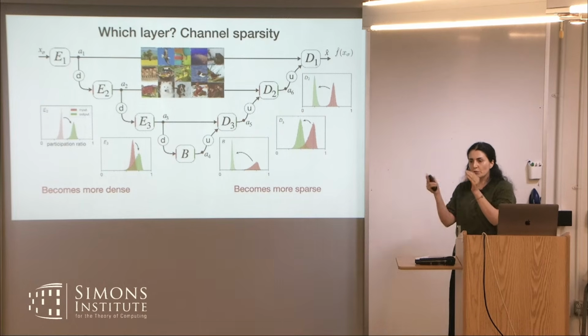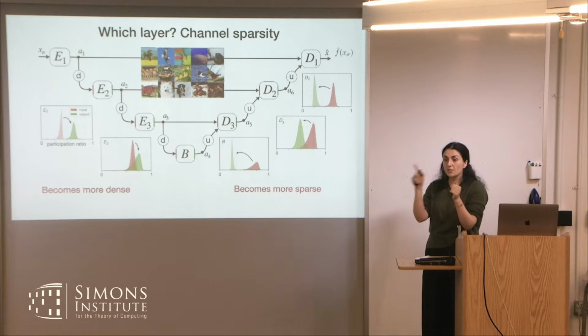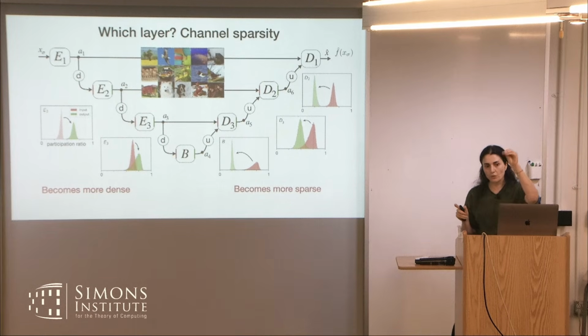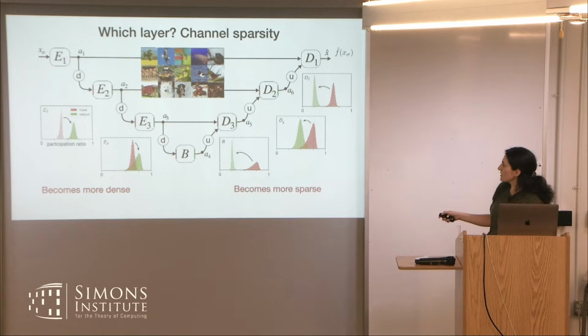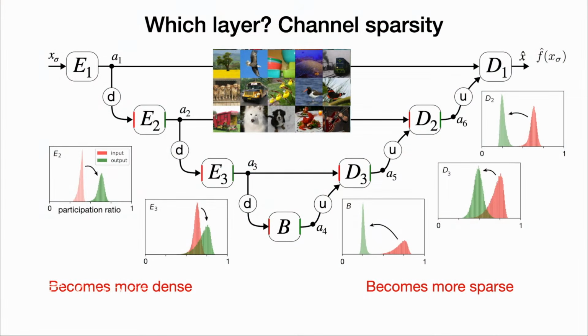We want to track how the sparsity changes when the signal goes through the block. As you can see, the sparsity does not increase on the encoding side of the model, but it starts increasing from the bottleneck onward in the decoding side. If you look at these arrows, they show that the histogram is shifting to becoming more and more sparse, and the sparsity is really strong in the bottleneck.